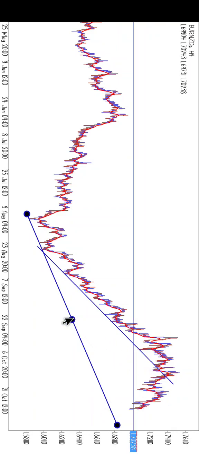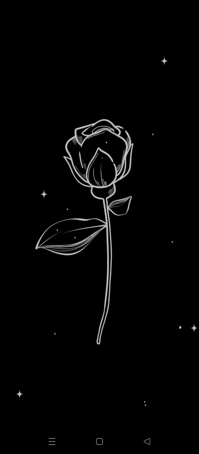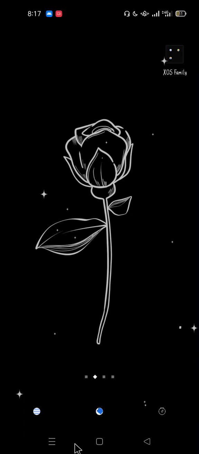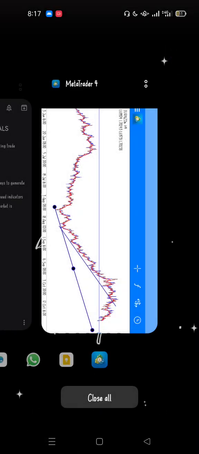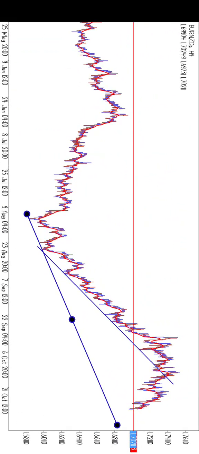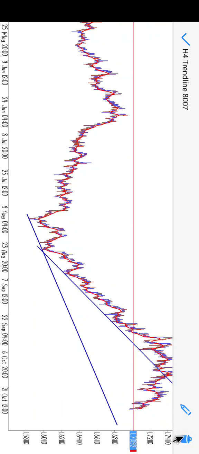But that's not the point of emphasis here. Let me get back to MT4. Let me just show you how to do this and then we call it a day.